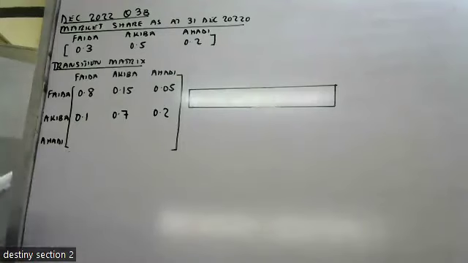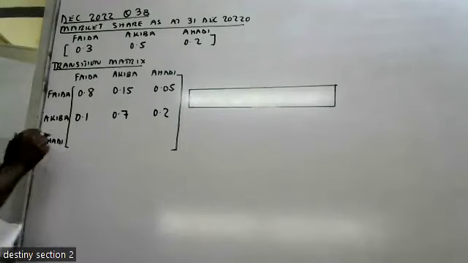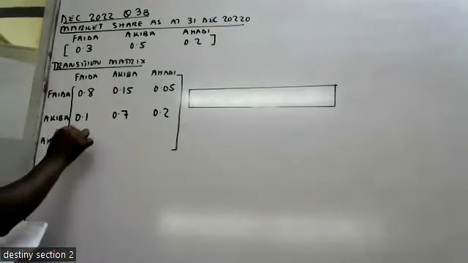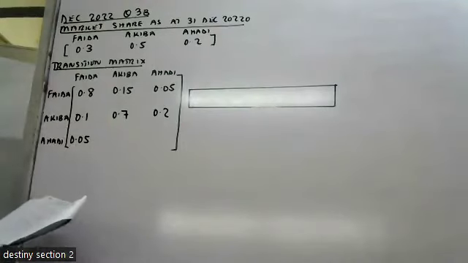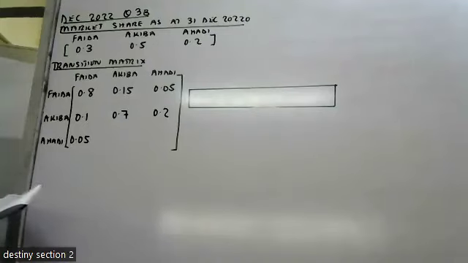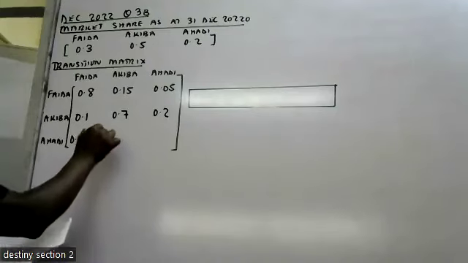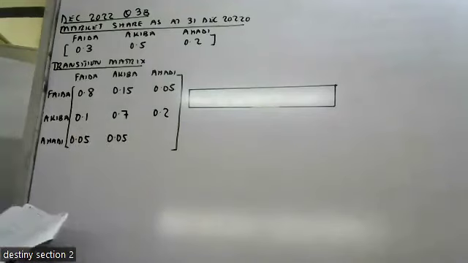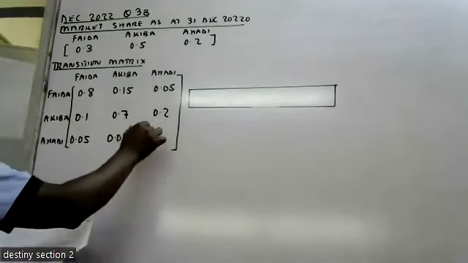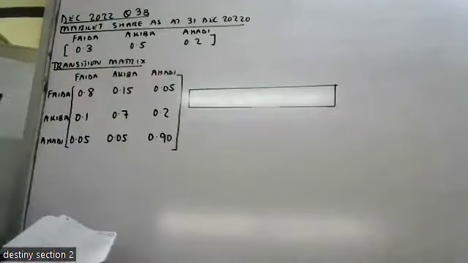And Ahadi had lost 0.05 to Faida, so 0.05 here, and had lost another 5% to Akiba, 0.05. So that means it must have retained 0.90. It must have retained 90%.